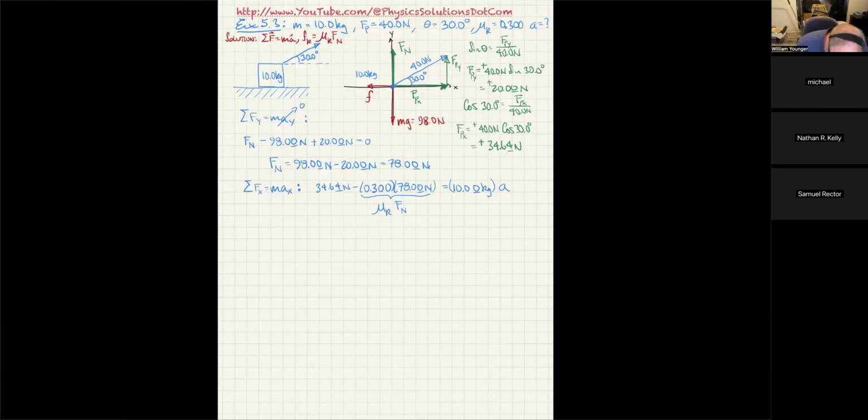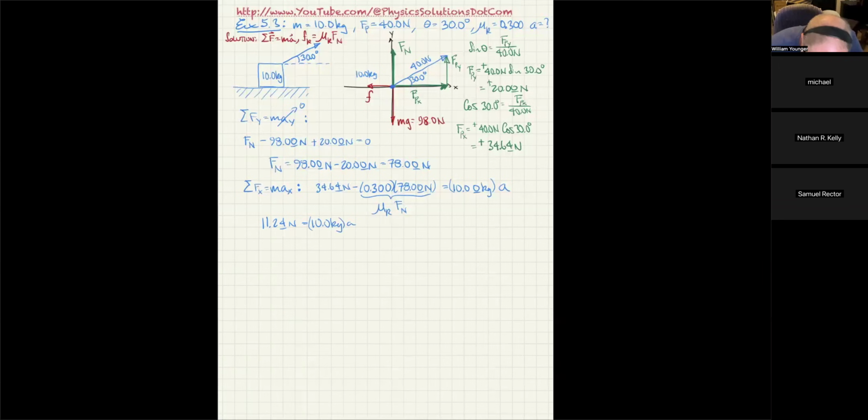So I get 11.24 newtons. That's the answer when I subtract 34.64 minus 0.3 times 78. So I get 11.24 is equal to 10.0 kilograms times a.